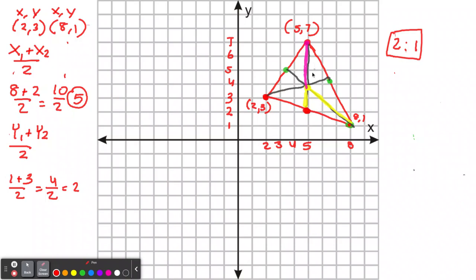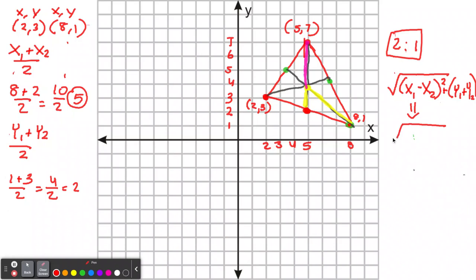So if we wanted to find the distance between this vertex (5, 2) and this vertex (5, 7), we can do the distance formula. So let's do that over there. We have a square root, and we take x subscript 1 minus x subscript 2 and square it, and then add that to the y's, y subscript 1 minus y subscript 2 squared.